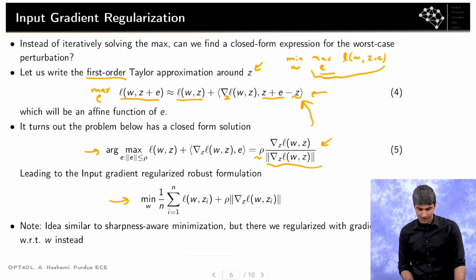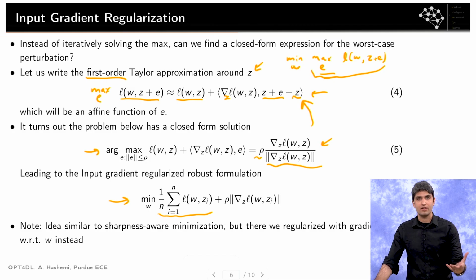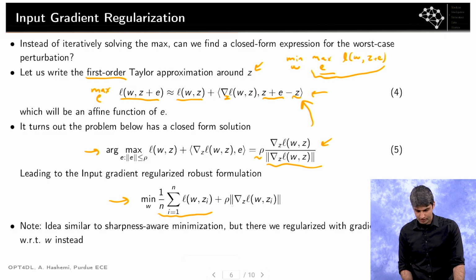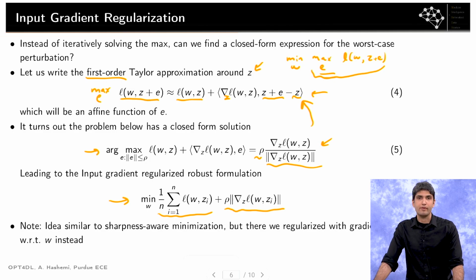We are minimizing the average loss, the canonical optimization problem that we deal with in machine learning and deep learning, plus a regularization term. It's not as simple as L2 regularization that we talked about before. It depends on the gradient of the loss with respect to the input.